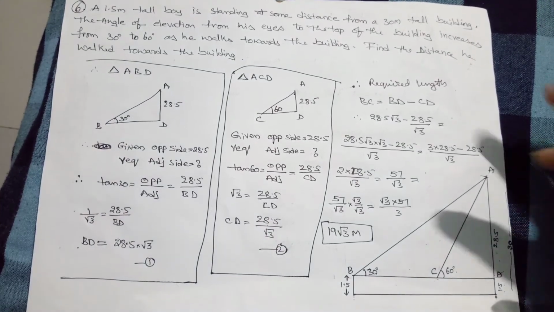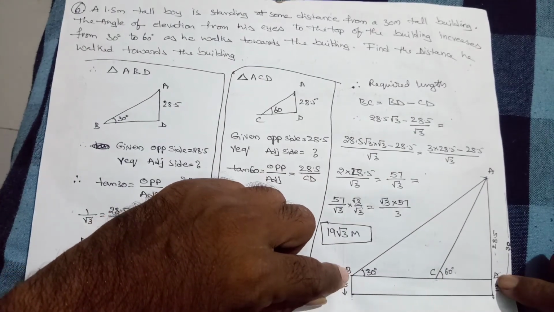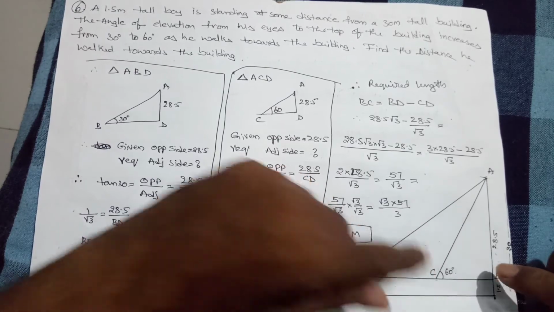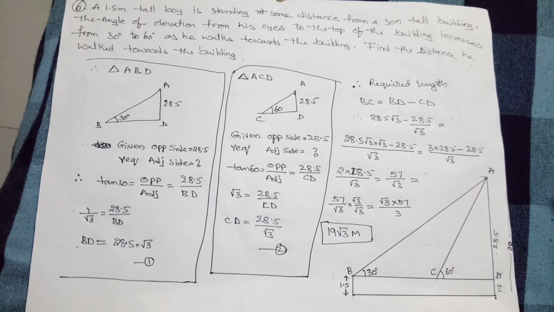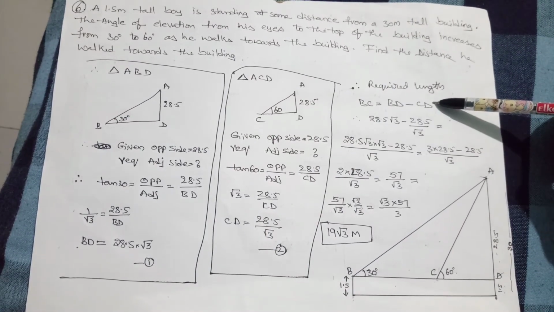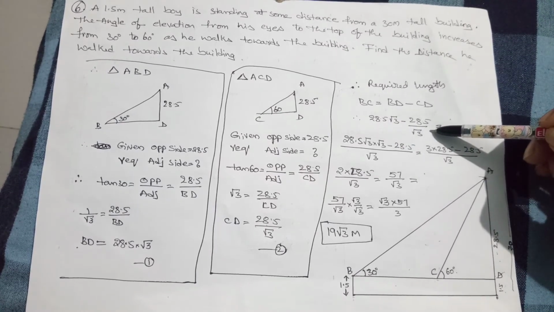Now what we have to do? From BD, you have to remove CD. Therefore, you can get BC remaining. Therefore, the required length BC is equal to BD minus CD. So just write equation 1 minus equation 2.